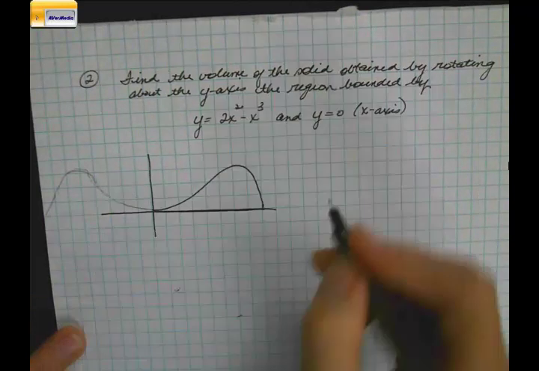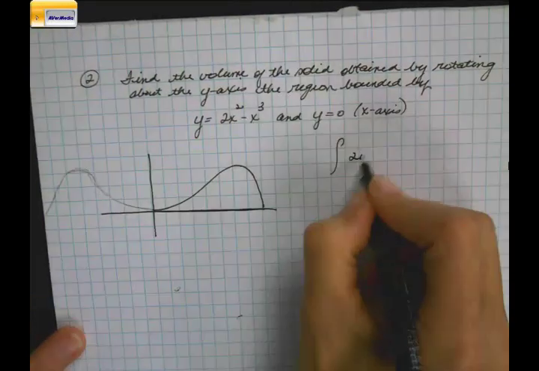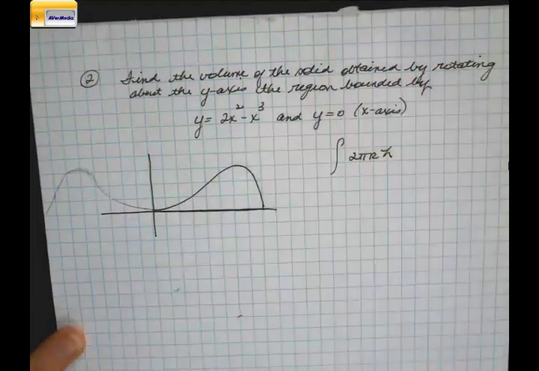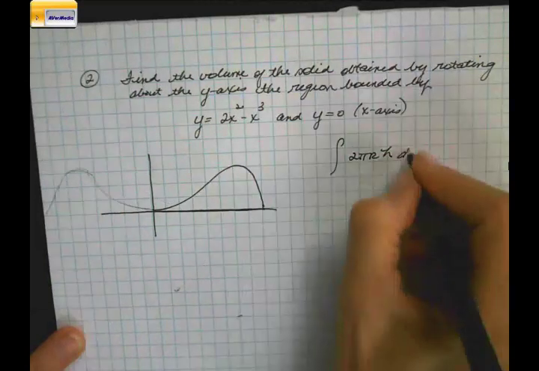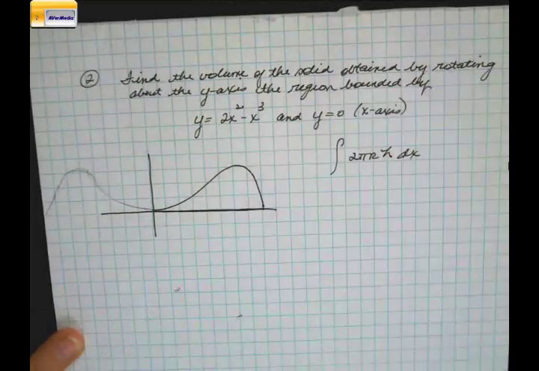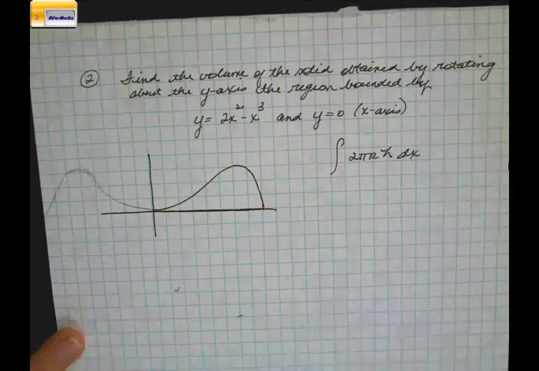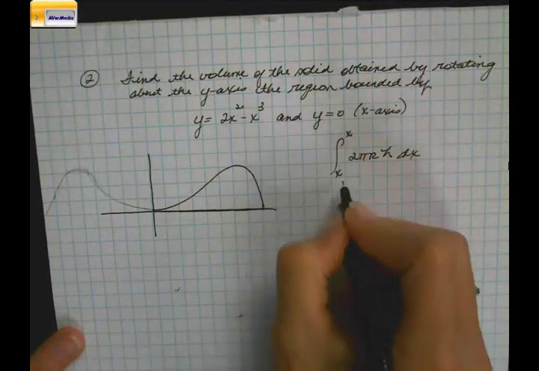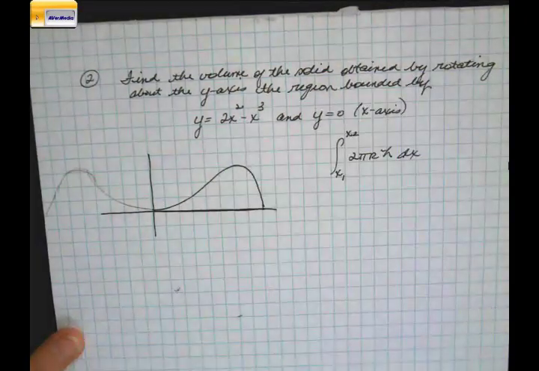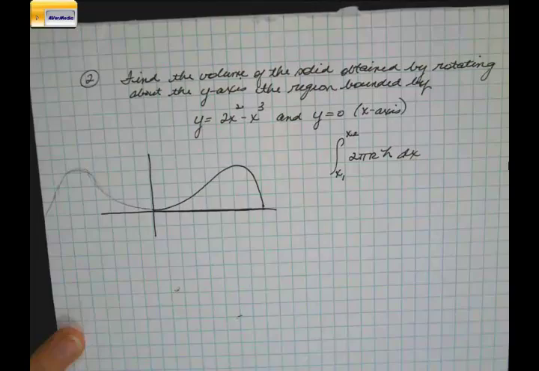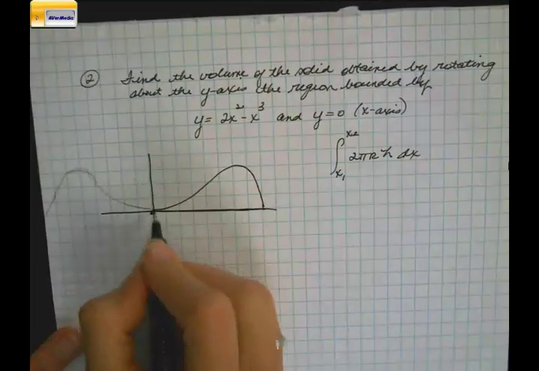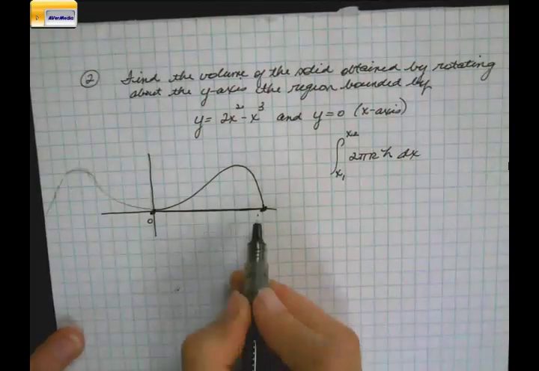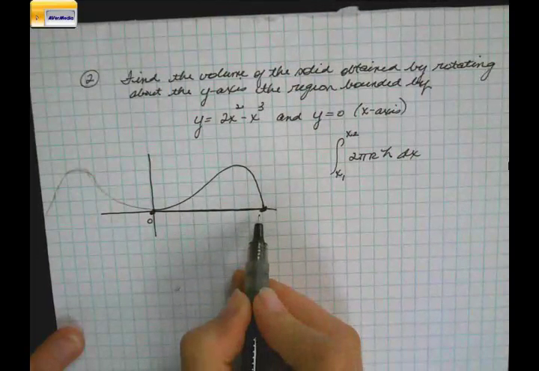Okay, if you're integrating around a vertical axis, you're going to integrate 2 pi r h, and this will be dx. And your upper and lower limits are going to have to be x values. So your x values are going to run from 0 to whatever this point is over here on the right of this curve.